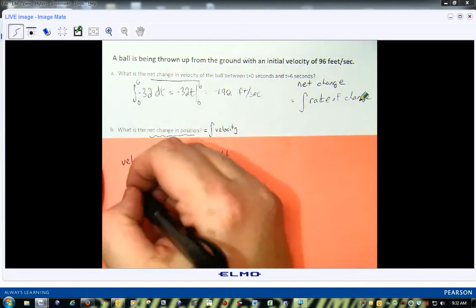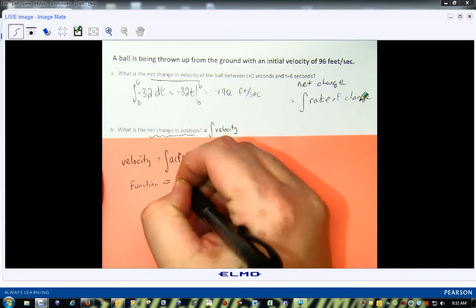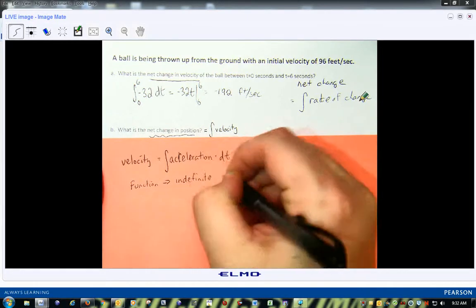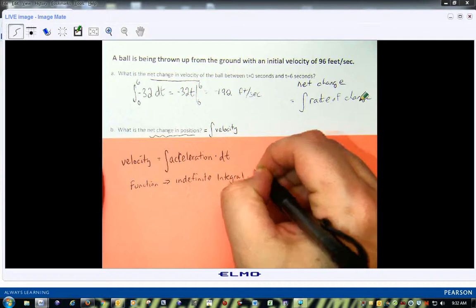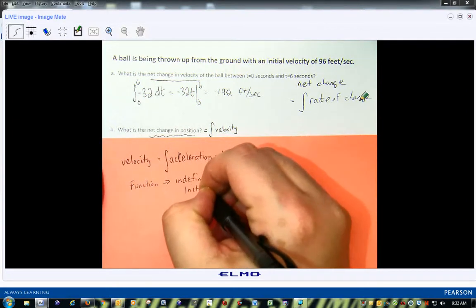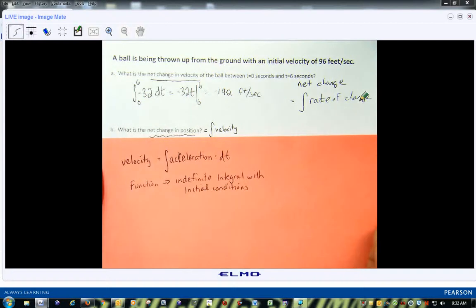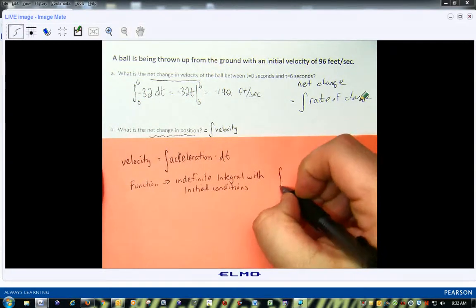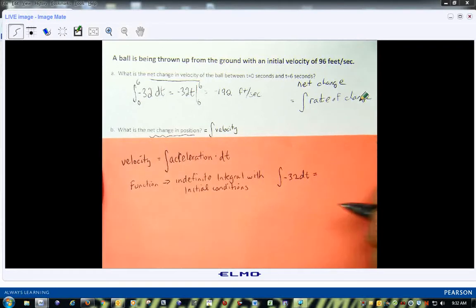Now, if I want the function, it is going to be the indefinite integral with initial conditions. So I'm trying to figure out the function, so I'm going to take the integral of the negative 32 dt.